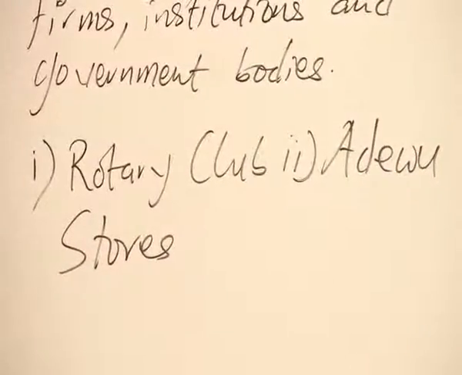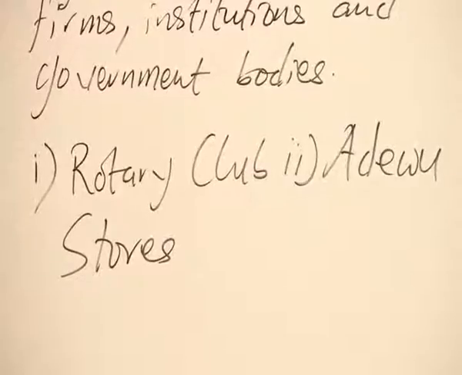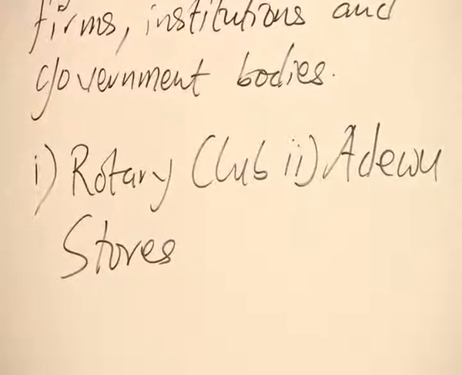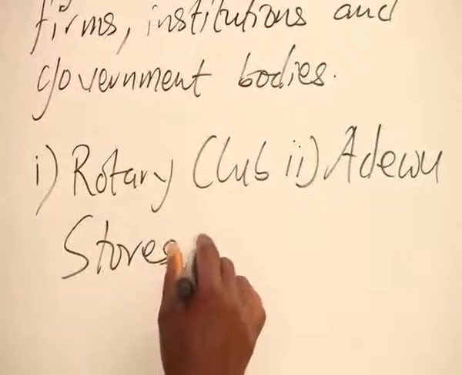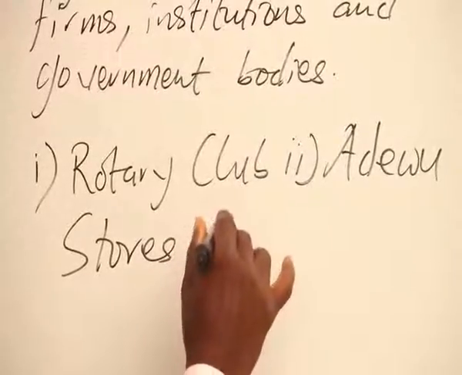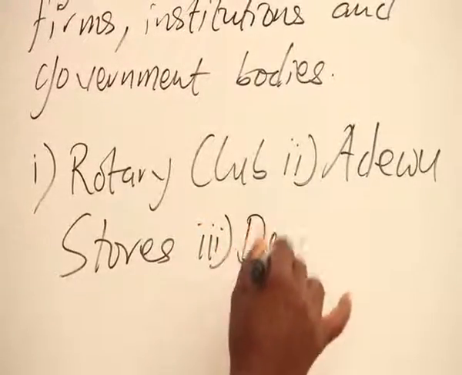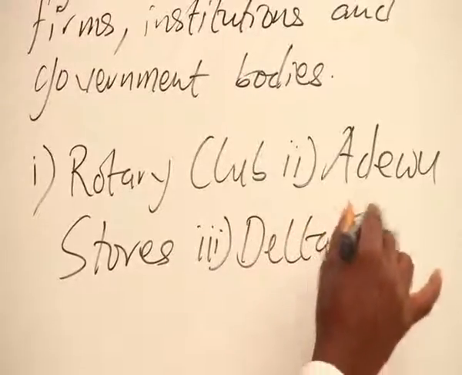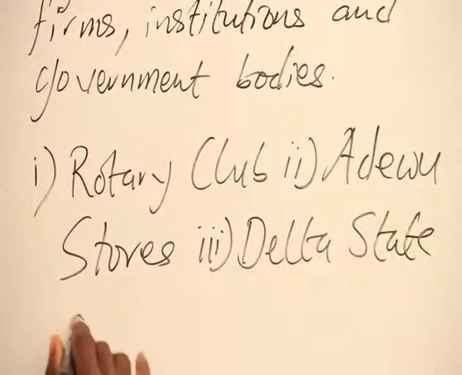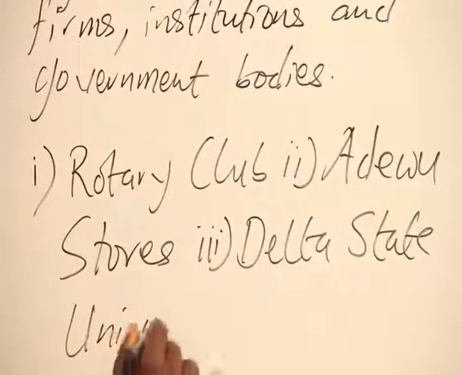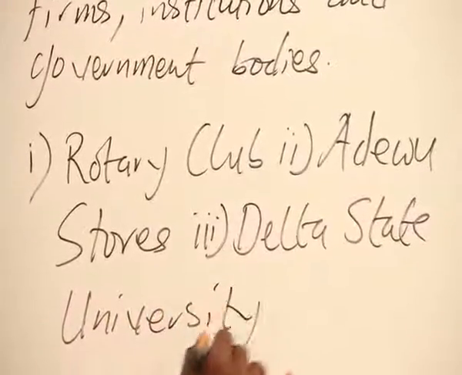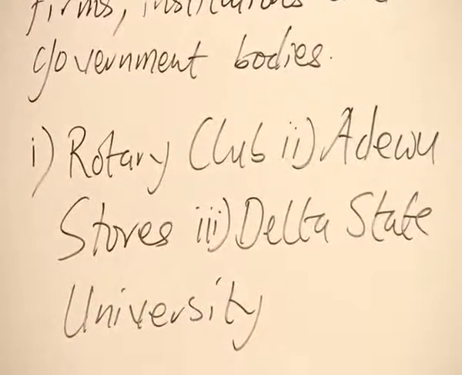Adewu Stores as a business outfit, so you begin it with capital letters. It could be an institution. Delta State University. That is an institution.